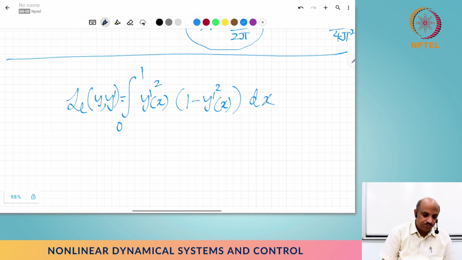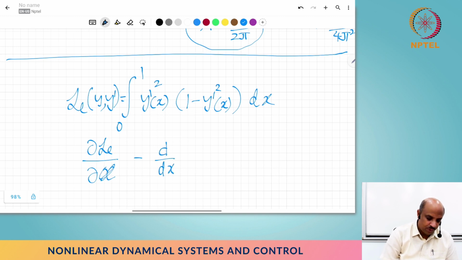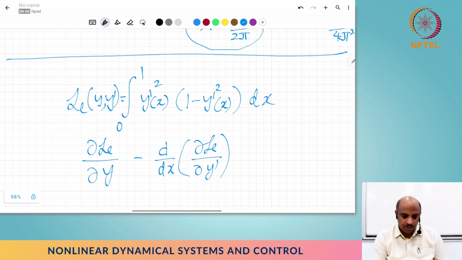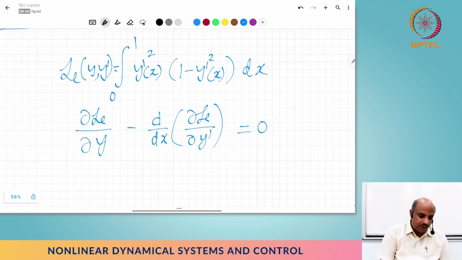So our Euler-Lagrange equation is that we have to satisfy the partial of L with respect to y minus d by dx of the partial of L with respect to y prime, all evaluated at some optimal value, has to be 0, right? But in this particular case, again, the first term is 0, right?